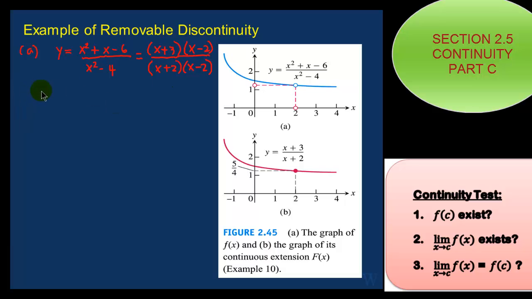Question: what is the limit of y as x approaches? What will make this 0 at the bottom and on the top? It's when x approaches 2.